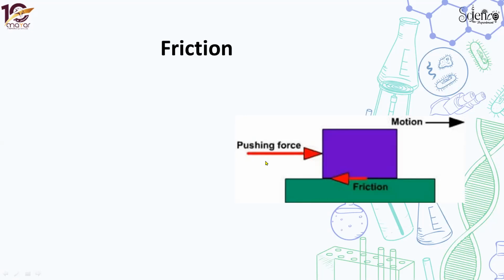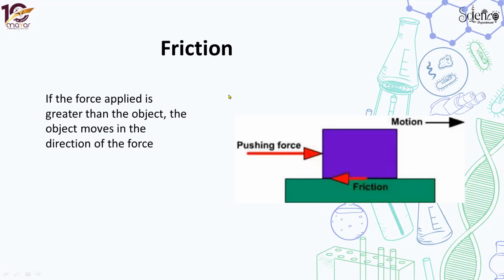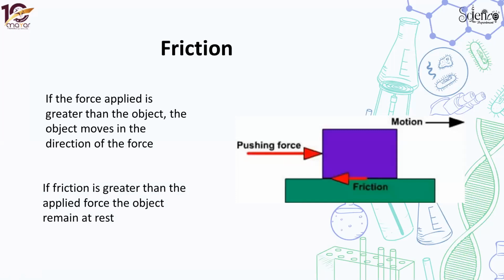We just said that friction is the force that opposes motion. So if friction is greater than the pushing force, the object won't move at all, okay? So this is in the case of objects at rest. But if the object is already in motion, the object may slow down or stop moving.